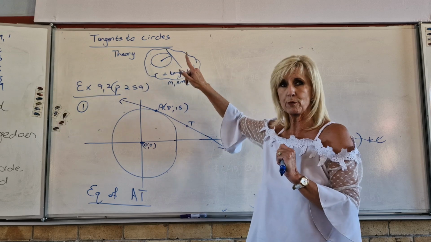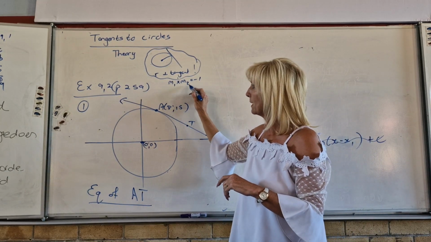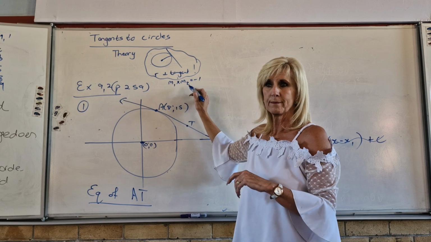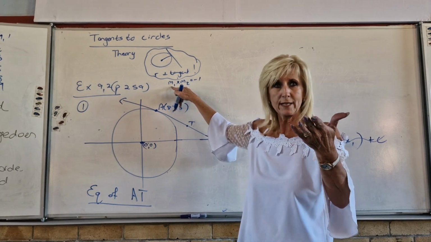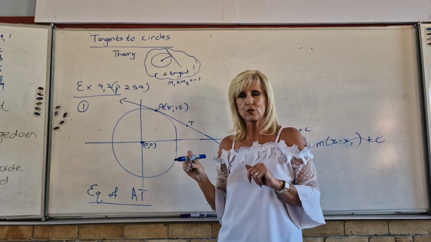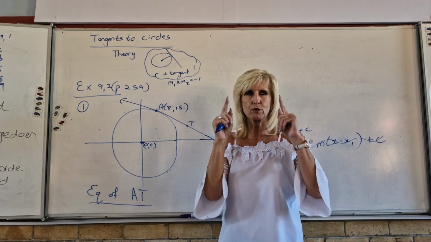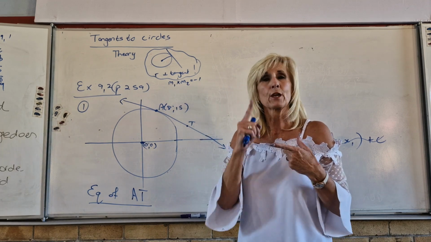The tangent. The fact that it's perpendicular to the radius. So if I knew what the radius gradient was, because perpendicular in analytical geometry should immediately take your mind to being brainwashed. Perpendicular tells you something about the gradients.